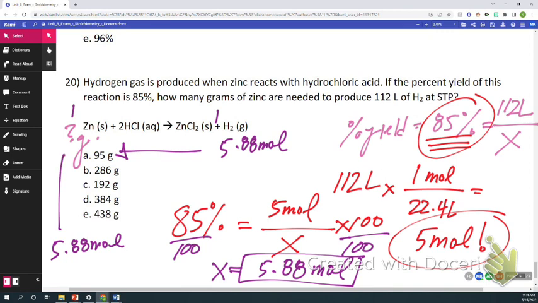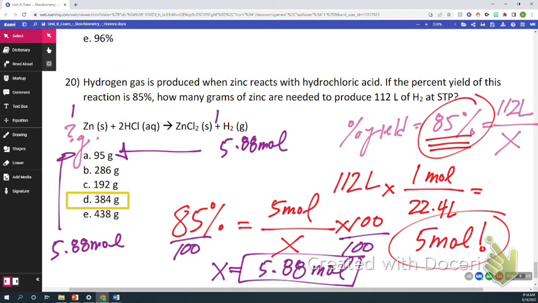And then I have to go to grams of zinc, which is multiplying by the molar mass of zinc, 65.38. That gives 384 grams.